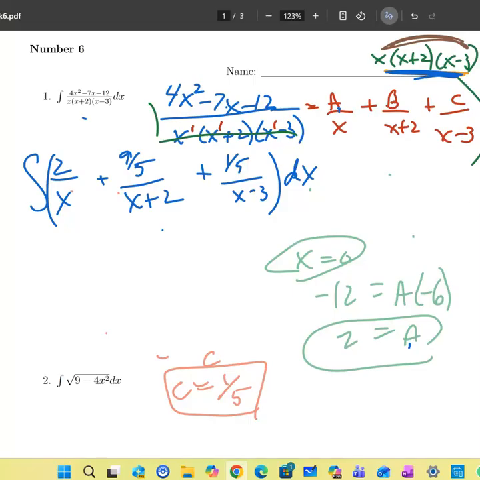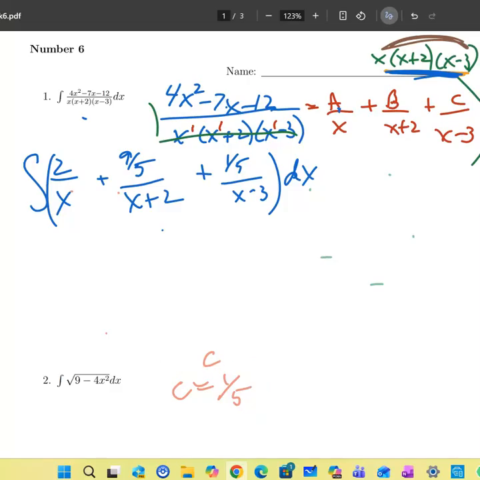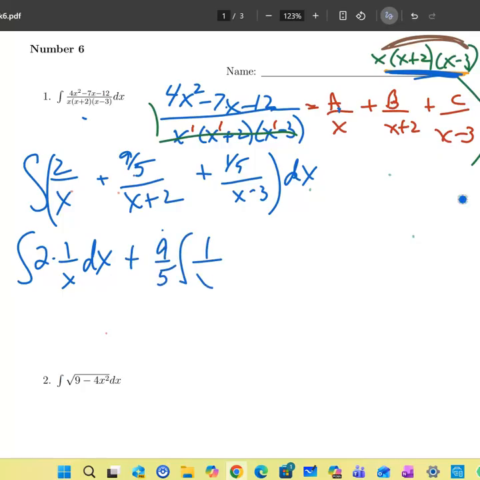Okay, so what we could do, just so I don't want fractions to get in the way of you seeing that this really is a pretty easy integral. So this is like saying 2 times the integral of 1 over x, plus 9/5 times the integral of 1 over x plus 2, and plus 1/5 times the integral of 1 over x minus 3.